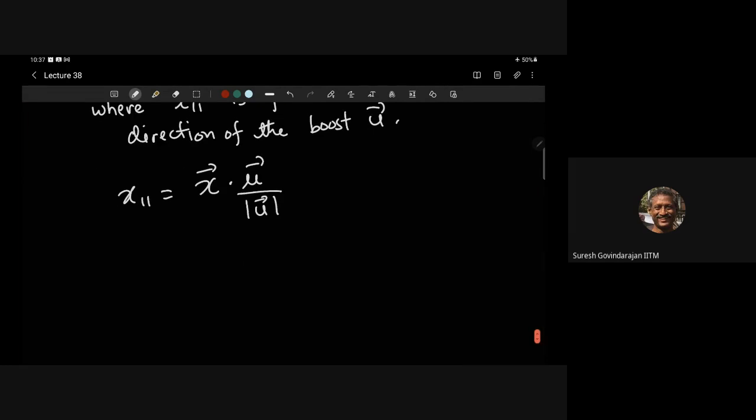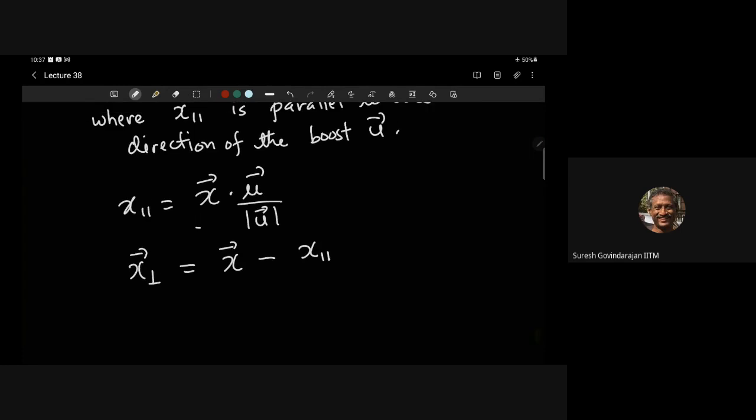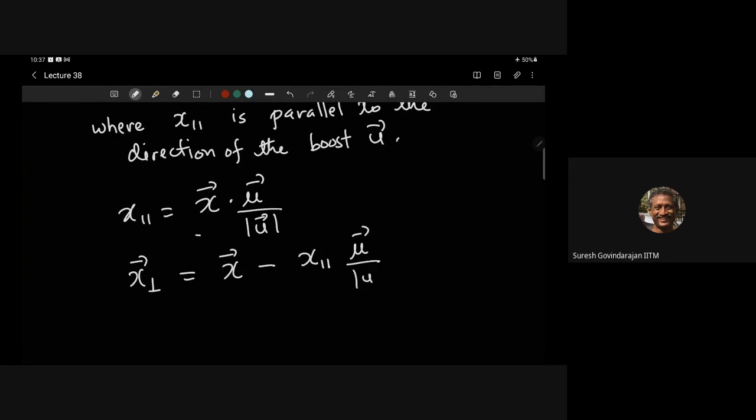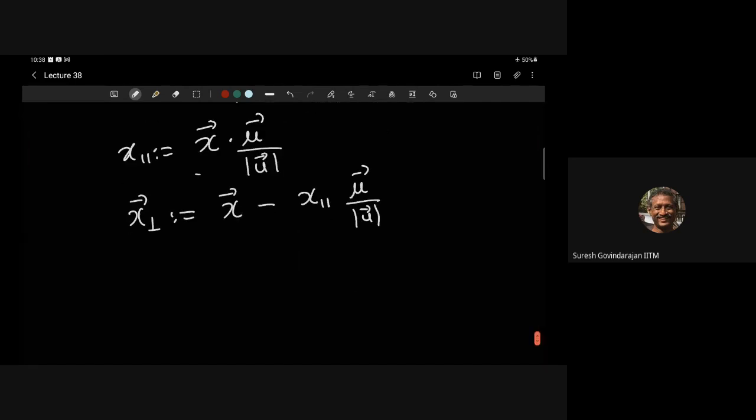And x perpendicular is a vector orthogonal to the direction of u, whatever remains. So it is just the x vector minus the parallel component, which is along u. These are definitions. Whenever you are given a direction, you can do this. Is this clear? Yes, sir. So you can decompose. That's what I have done. So x here could be any vector, but I'm using it for displacement. This is the general setup.